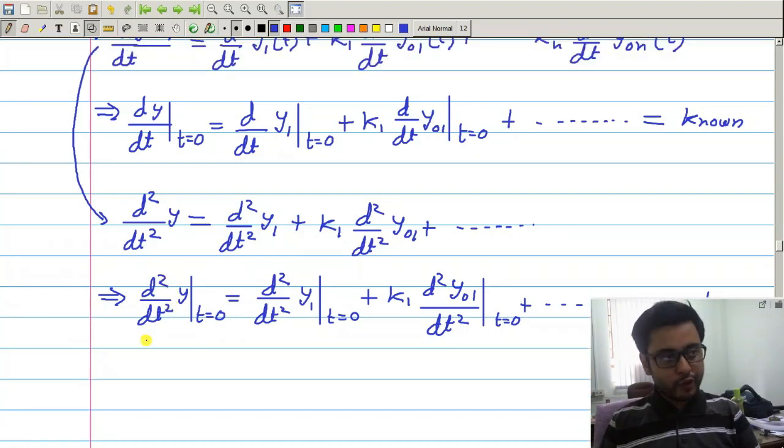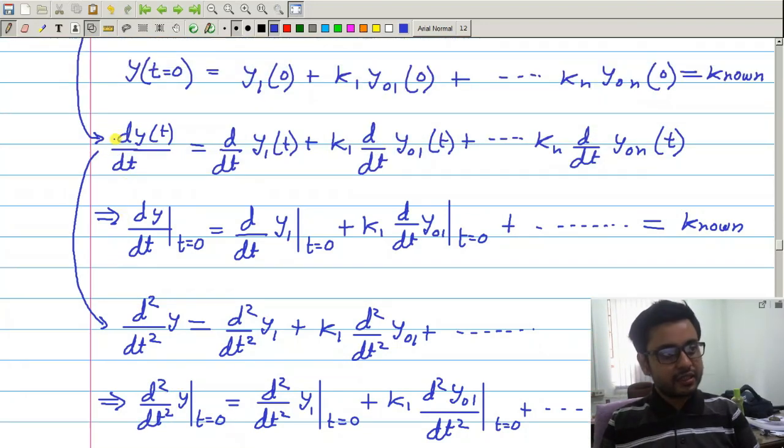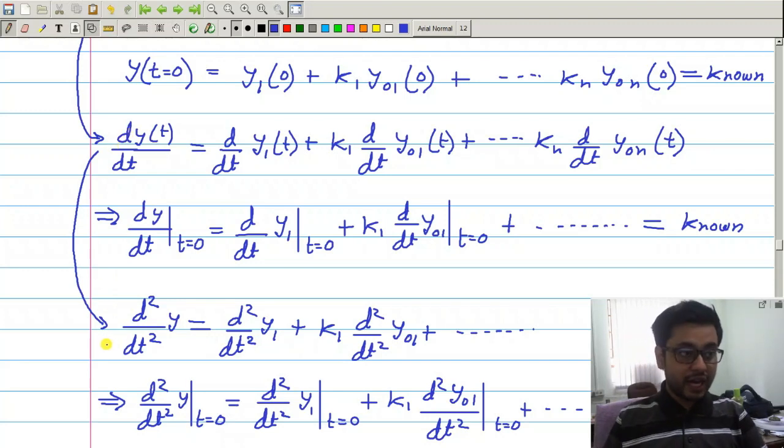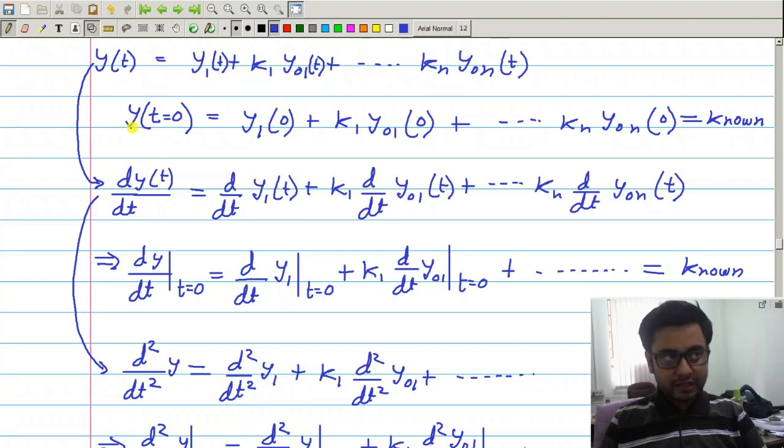So in this way you can differentiate this equation n minus 1 times and put t equal to 0, and then you will get one equation here where k1, k2, kn are unknowns, and everything else is known.